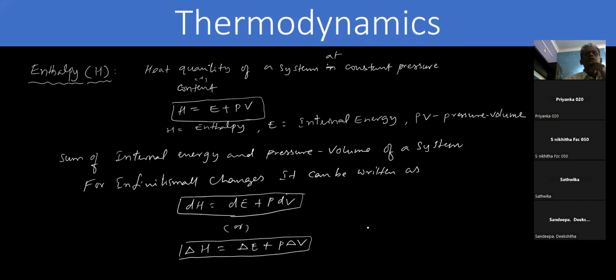What is delta H? The difference between two enthalpies. That means delta H is H2 minus H1. What is delta E?